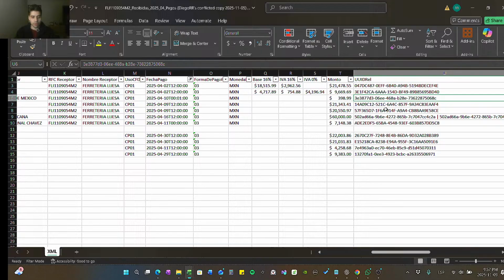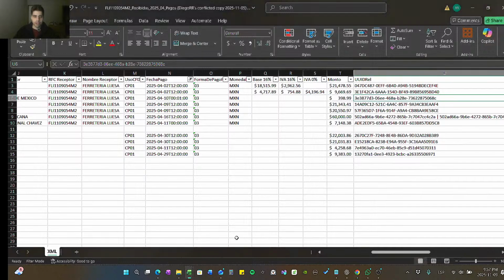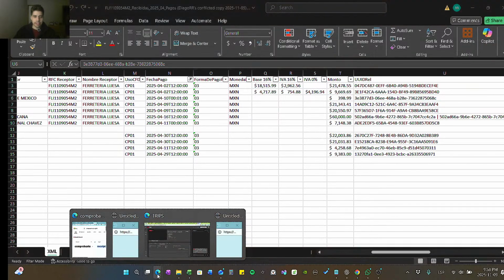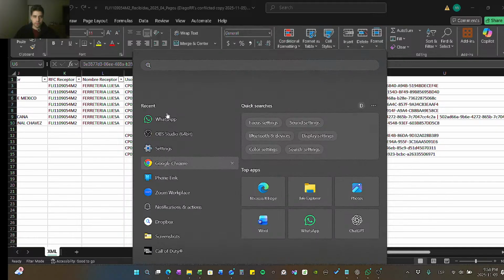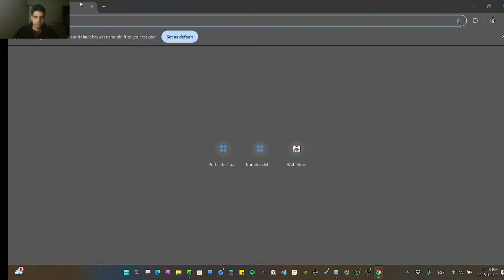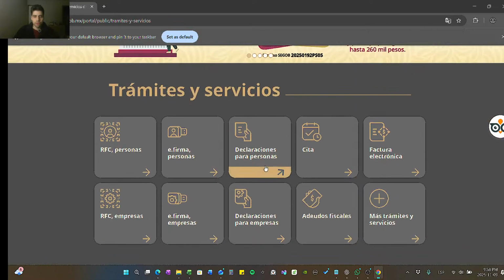So what I have to do right now is that I need to access the Mexican Tax Revenue Agency server, and what I have to do, and again, this is going to be automated because now you can actually instruct AI agents to interact between systems and between interfaces.